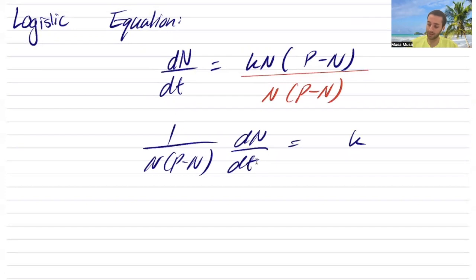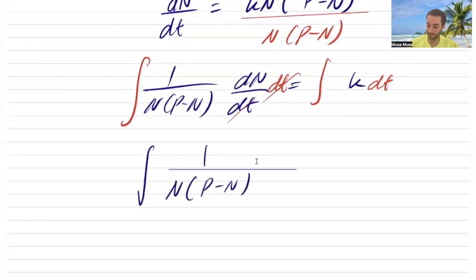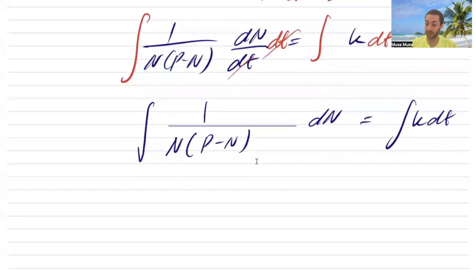And when you go to integrate this with respect to t on both sides, you run into an issue on the left-hand side, particularly not knowing how to integrate this. There's no real direct way for you to do it.